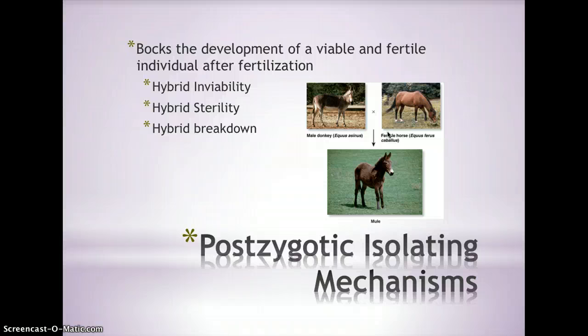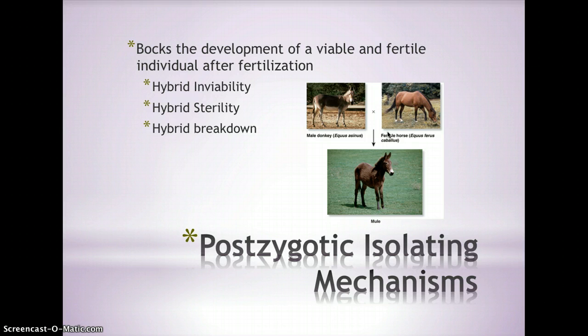You create what is called an interspecies hybrid, which I mentioned before. That is when two different species interbreed successfully and come up with an offspring. But in hybrid sterility, that offspring is going to be sterile, which means it can't reproduce further. It can't create its own offspring.